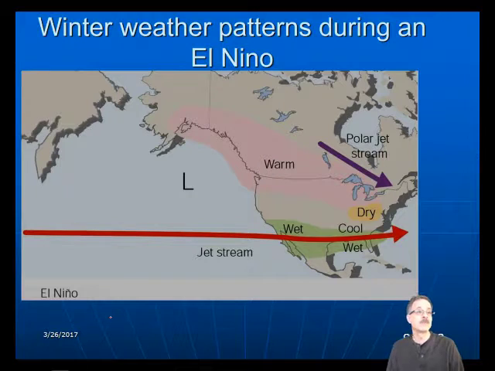All right, so what happens in an El Nino? Well, the jet stream gets a little bit lower than where it would normally be, and so that brings this warm tropical air mostly over the southern part of the United States, and they have a much cooler and wetter summer.